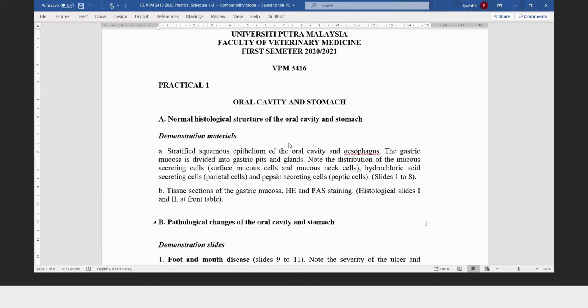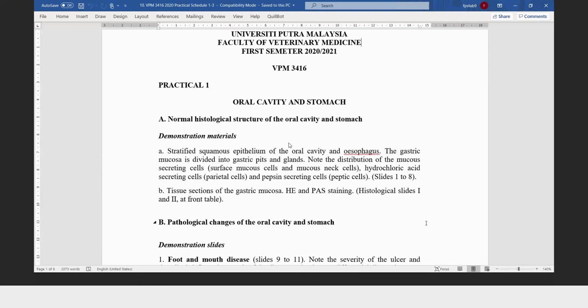Similarly, there is pepsin secreted by the peptic cell. So these are 3 important cells that are only present in the gastric mucosa. That is something you need to appreciate.